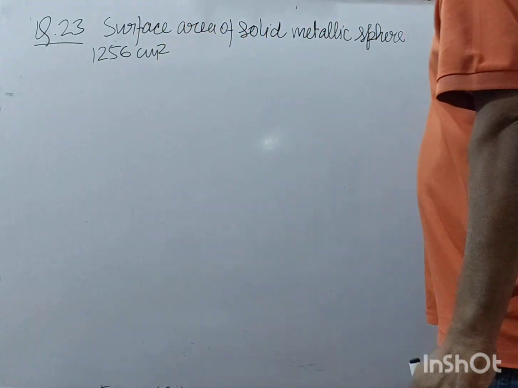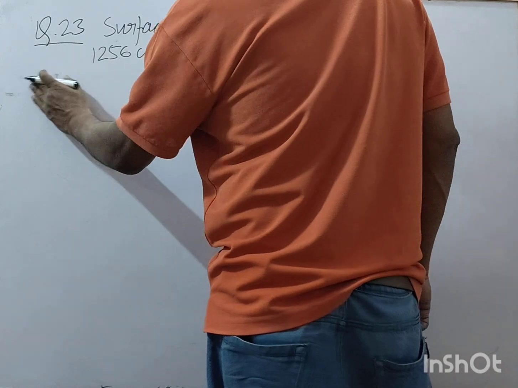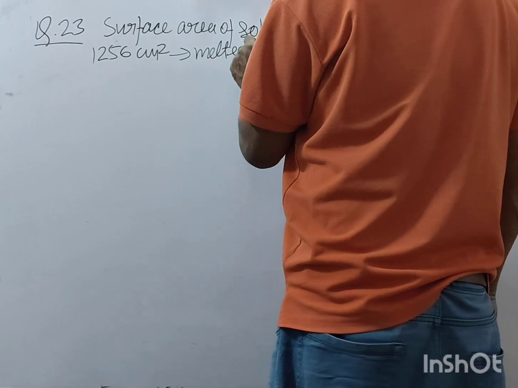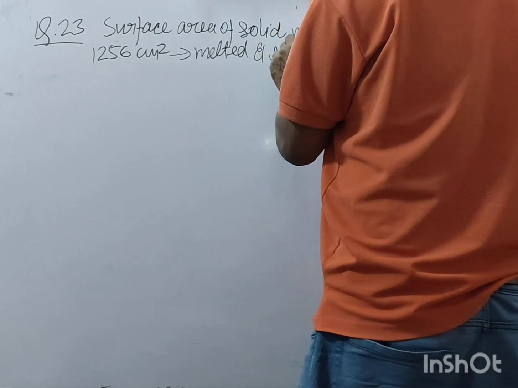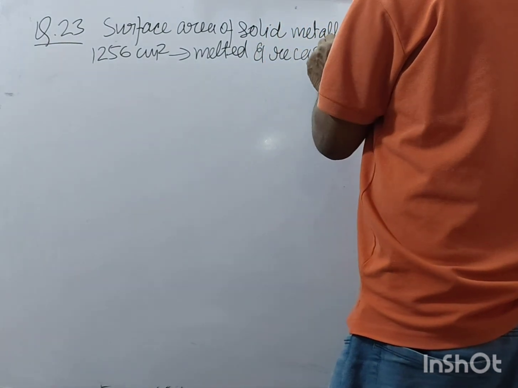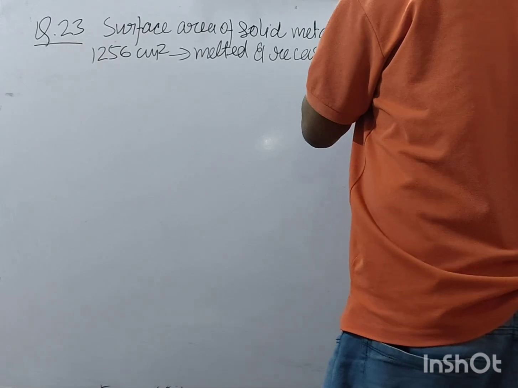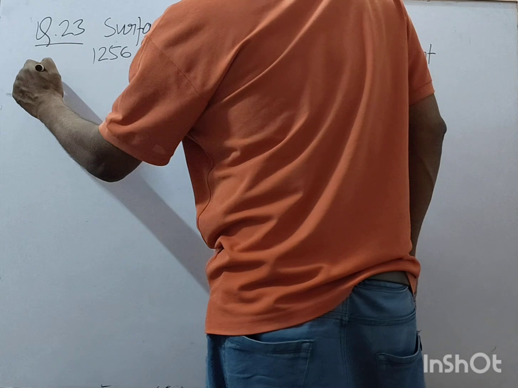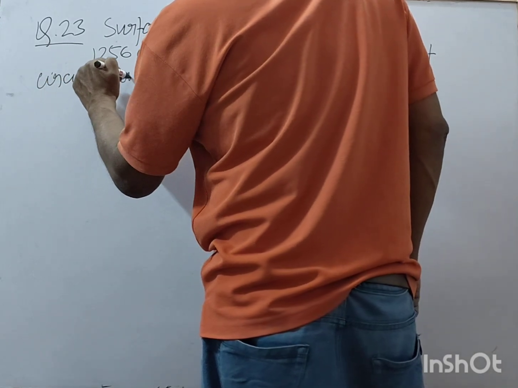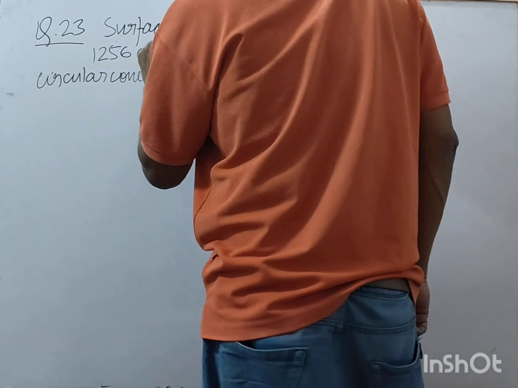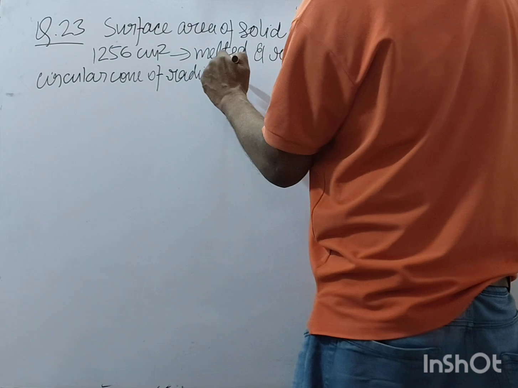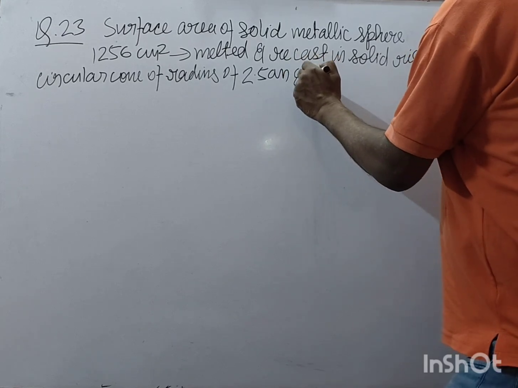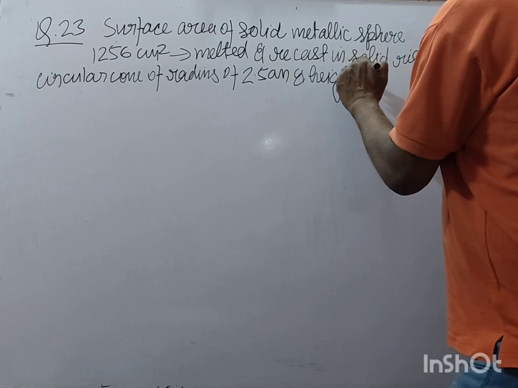It is melted and recast into a solid right circular cone of radius 2.5 centimeter and height 8 centimeter.